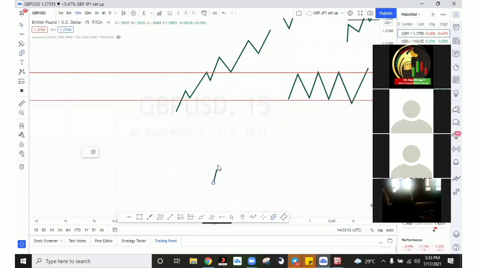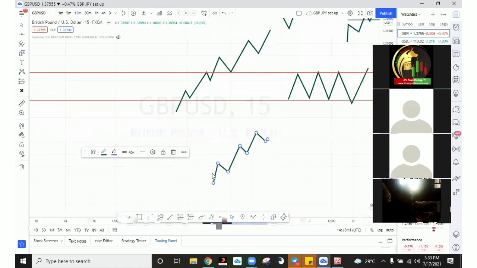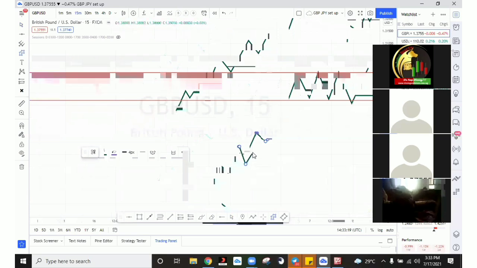This is the first illustration I made. Okay, as a trader who's trying to take his trades from pullback, you see price give you a move like this, maybe like this, like this.